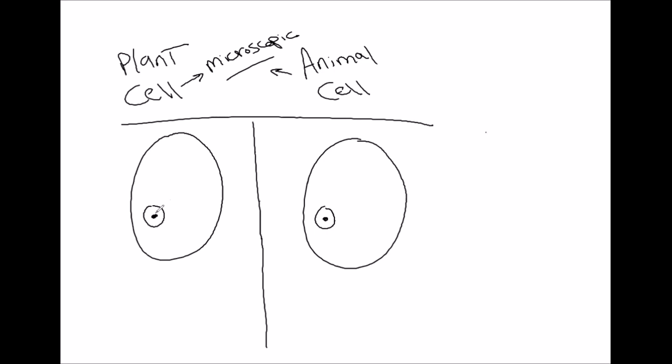Both of them also have cytoplasm, which is a jelly-like liquid that keeps the cell healthy. It's not the points I'm making, guys, it's the empty space between them. This is cytoplasm, a jelly-like liquid that keeps the cell healthy.